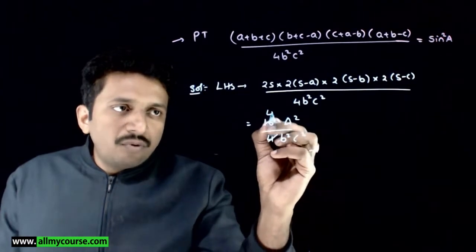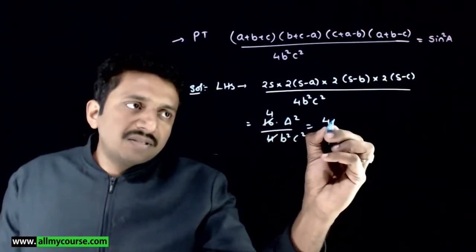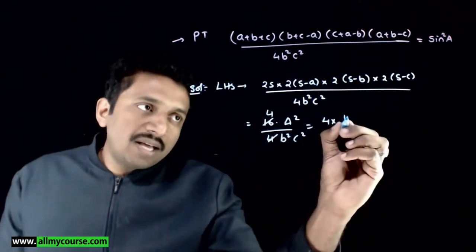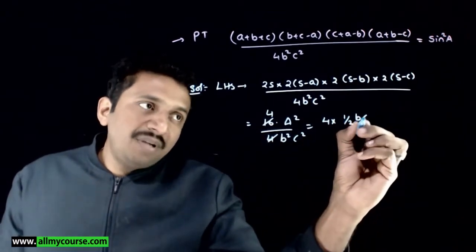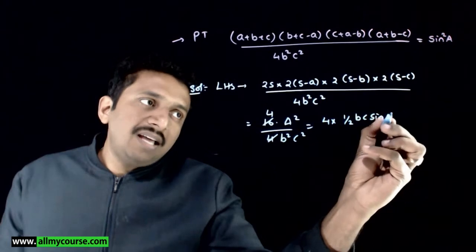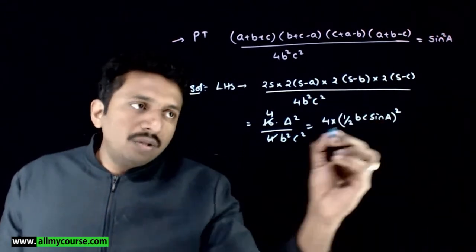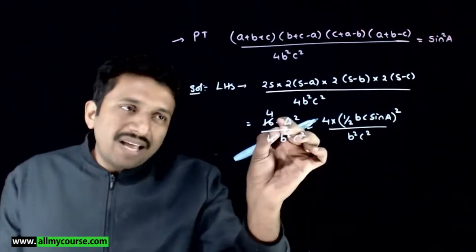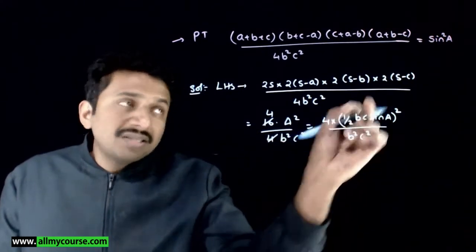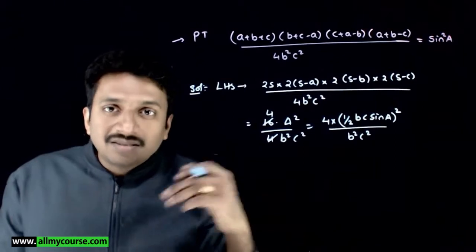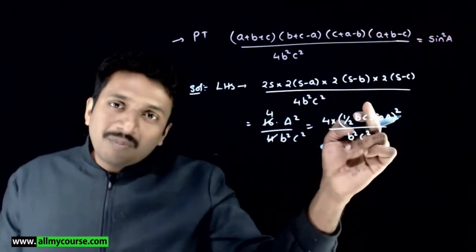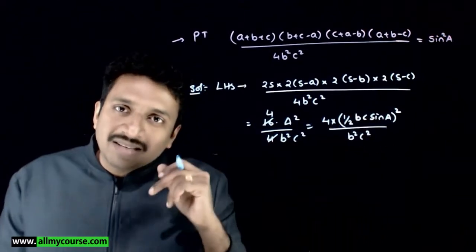If you cancel this out, that is equal to 4 times delta square. One of the formulas for delta is half bc sine a. So delta square is a whole square by b square c square. You should understand why I have written only this formula: finally I want sine square in the RHS, so b square and c square have to get cancelled out.